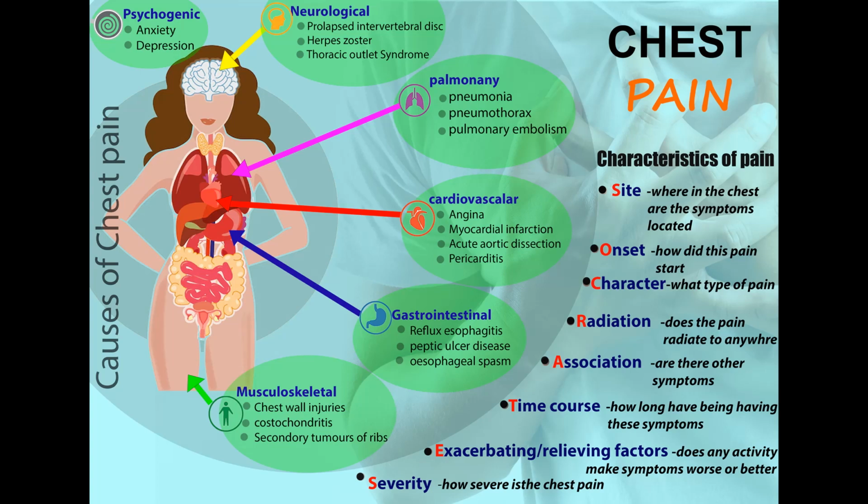S, severity: how severe is the chest pain, mild, moderate, or severe? If we look at the causes of chest pain, we can categorize them as cardiovascular, gastrointestinal, pulmonary, musculoskeletal, neurological, and psychogenic.